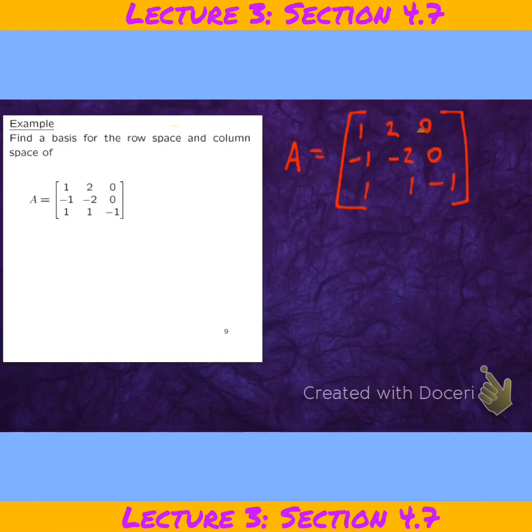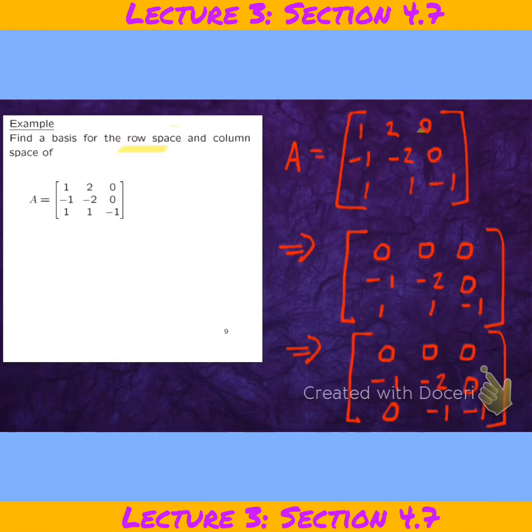We're going to change the first row by adding the second row to it. All right, so we get the next matrix, and then we're going to change the third row by adding the second row to the third row.